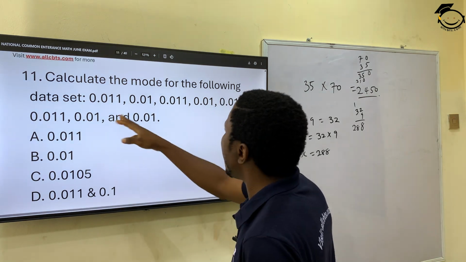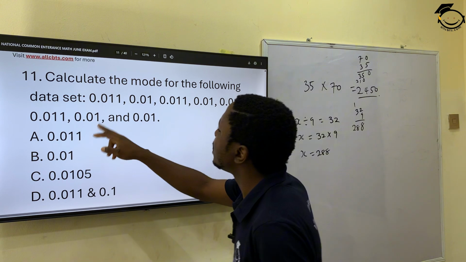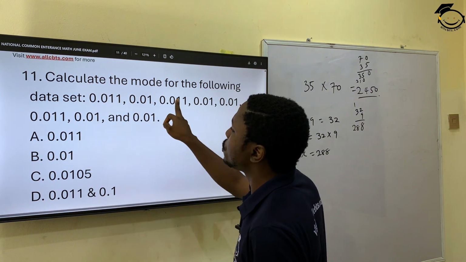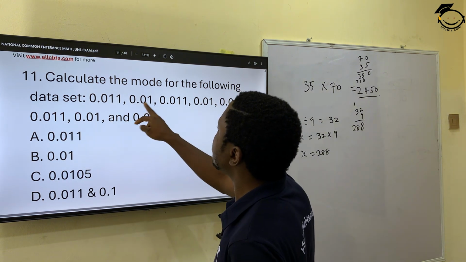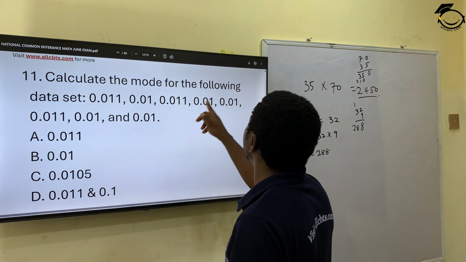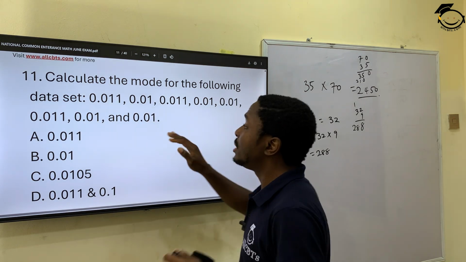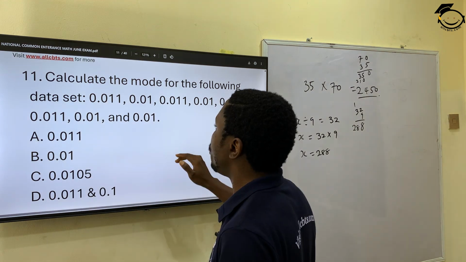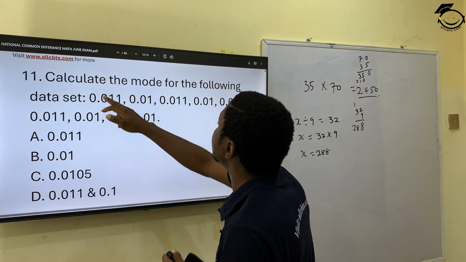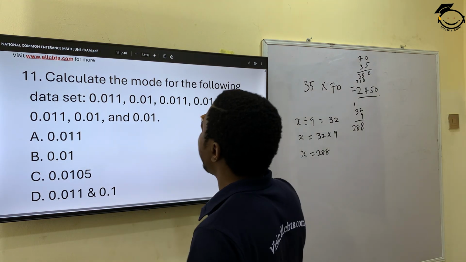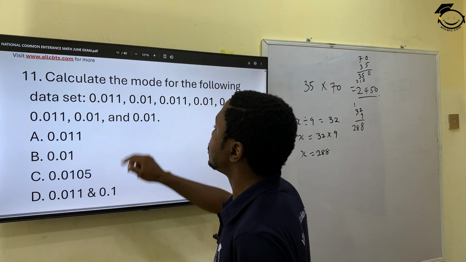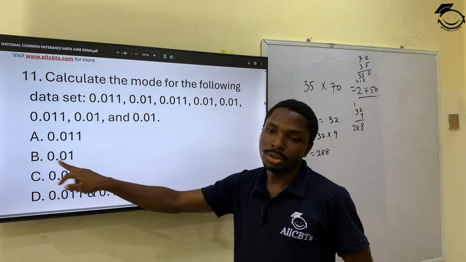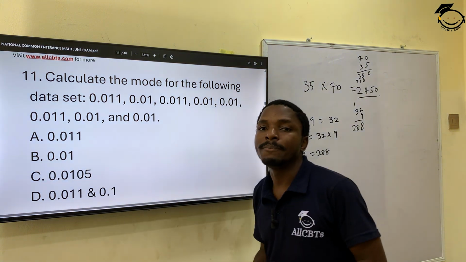How many 0.011 do we have? 1, 2, 3. How many 0.01 do we have? 1, 2, 3, 4, 5. Do we have any other number apart from these two? No. So the number that appears most is 0.01, which is option B.